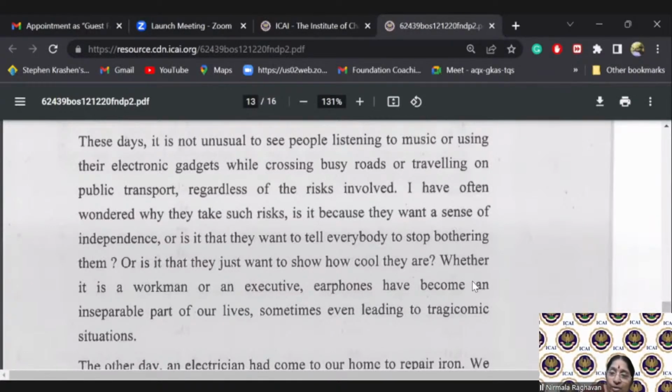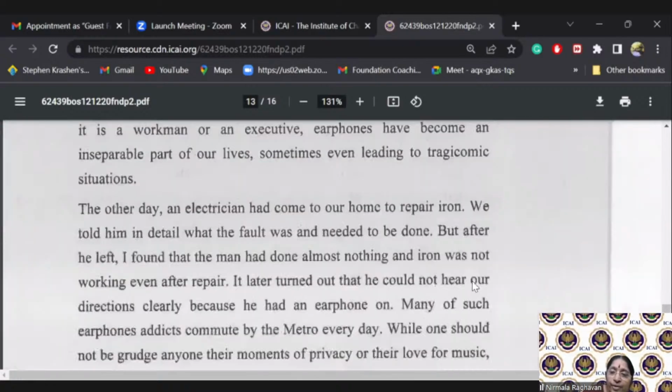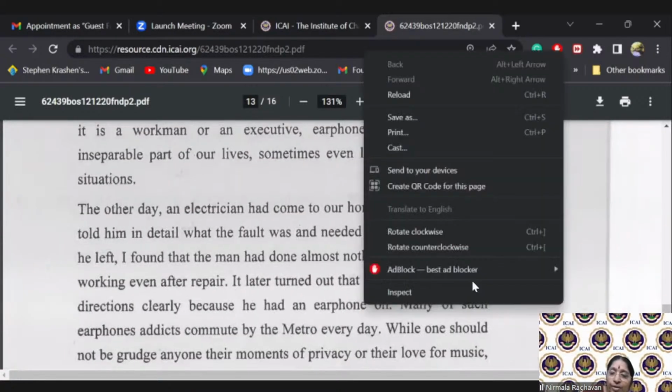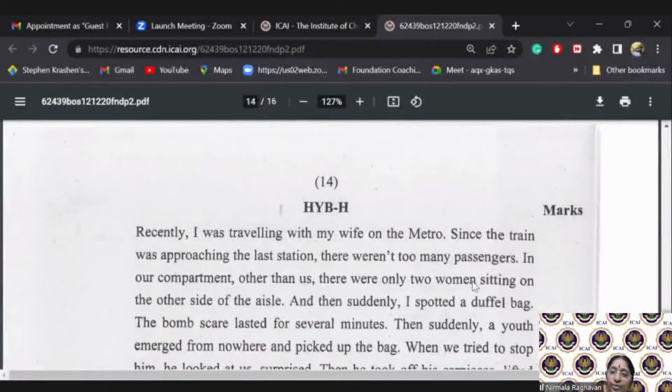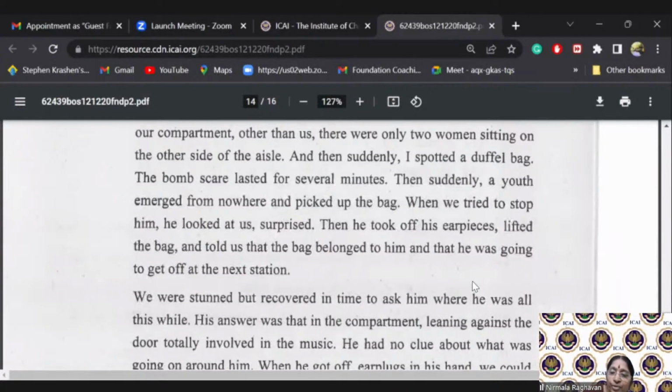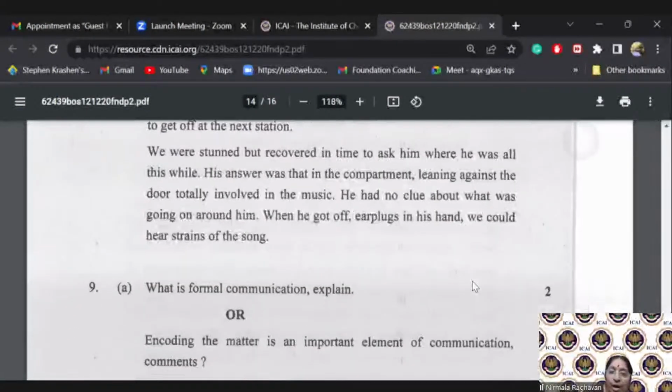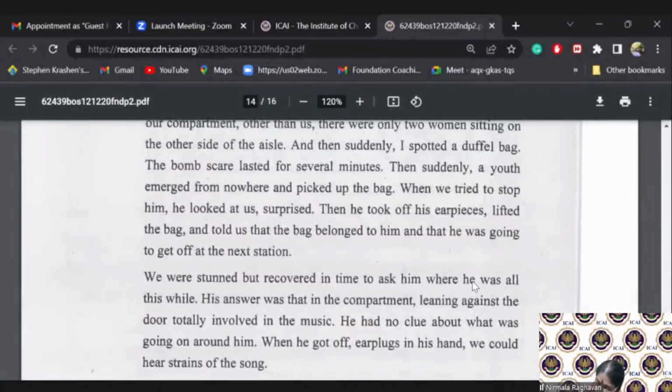How many lines? 1, 2, 3, 4, 5, 6, 7, 8, 9, 10, 11, 12, 13, 14, 15, 16, 17, 18, 19, 20, 21, 22, 23, 24, 25, 26, 27, 28. 28 lines. One line has 14 and 14 into 28. Tell me now, total number of words. I'm not going to say. Quick.